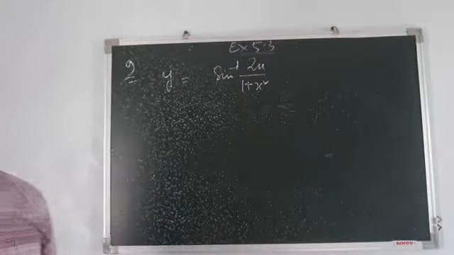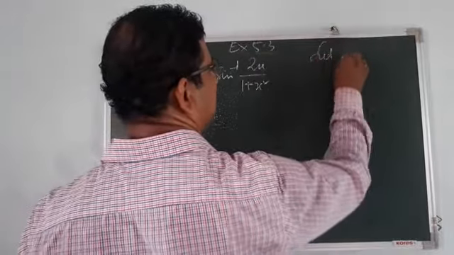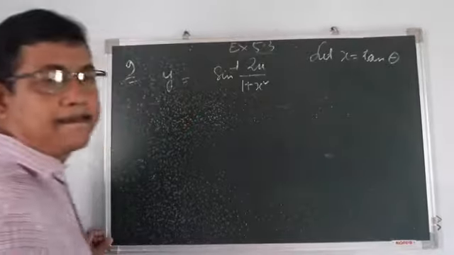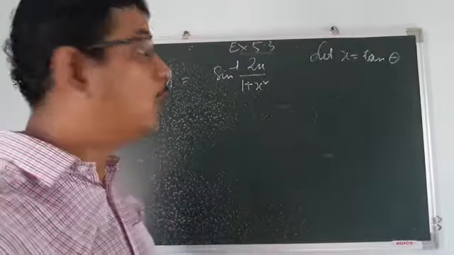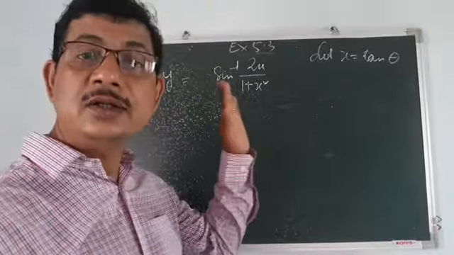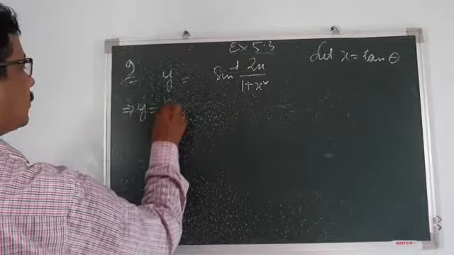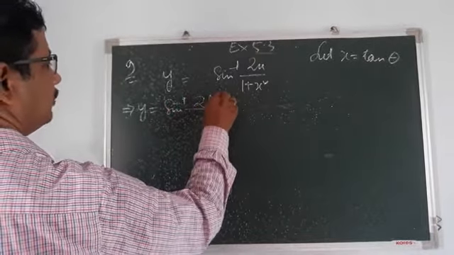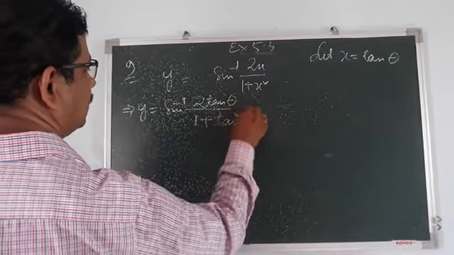Then you will differentiate. For that you have to substitute, let x is equal to tan theta. I have substituted x by tan theta. Why have we done this? To make it in the simplest form. y is sin inverse of 2 tan theta divided by 1 plus tan squared theta.